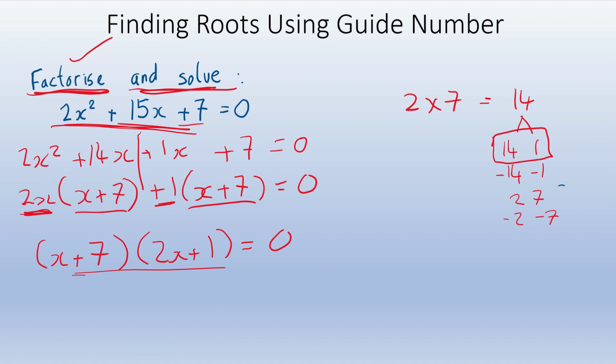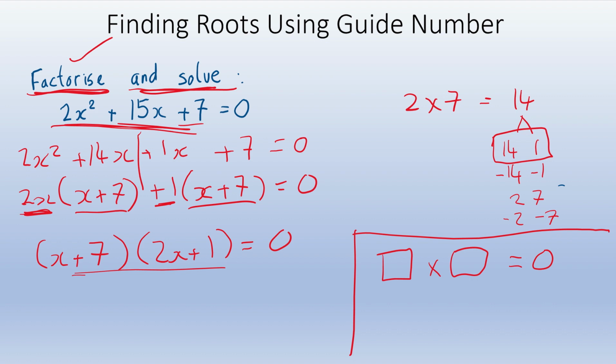Now we have 2 more steps to do before we go from factorizing to solving. Just before we make that step, I'm going to do a small bit of rough work over here to explain my next step. If you had some number multiplied by another and it was equal to 0, the best way to go about this would be to try and find out if there is anything that we can say about the number that goes in this box and the number that goes in this box.